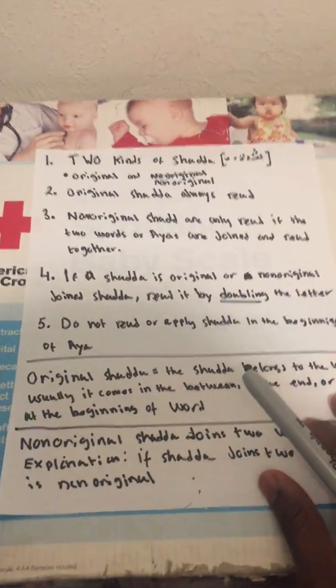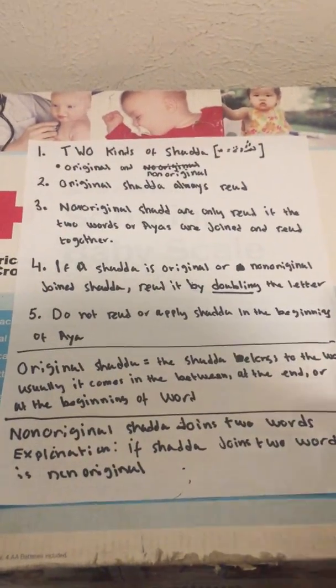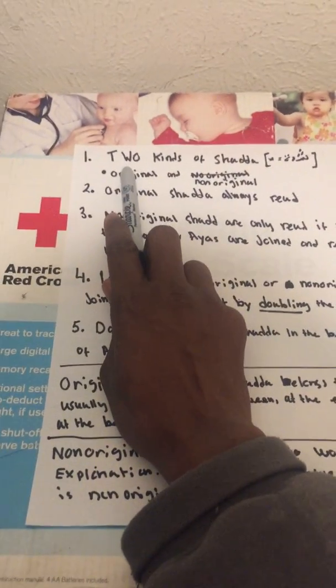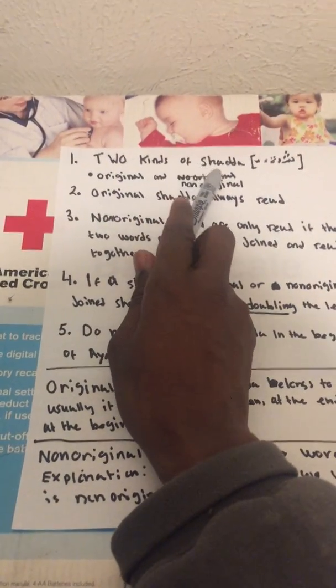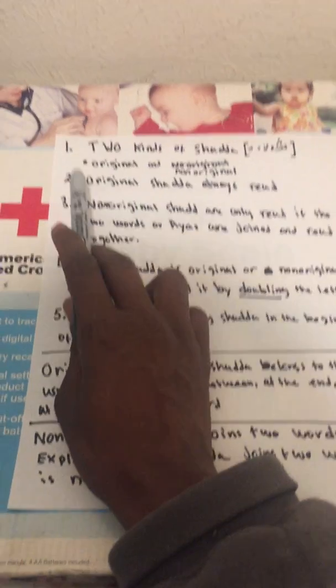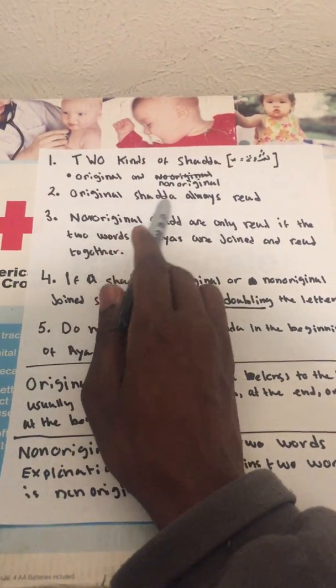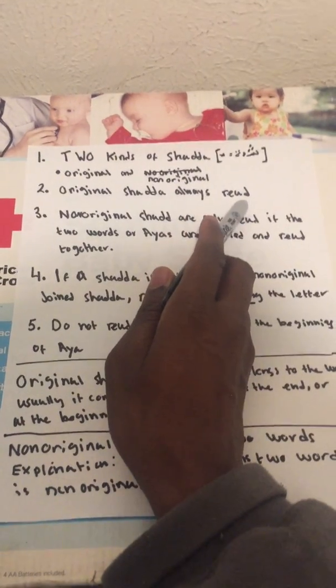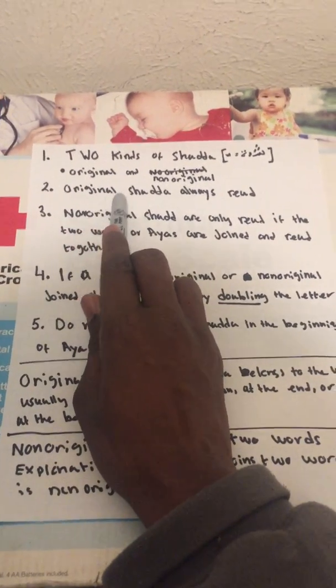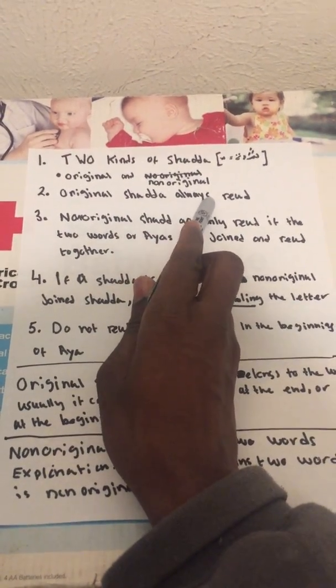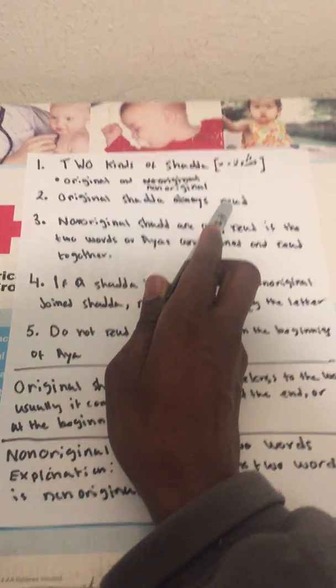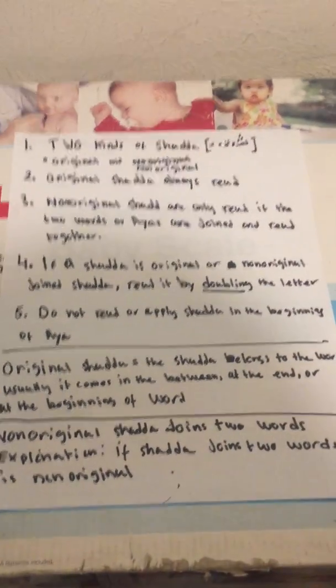So there is more to the shadda than just doubling. We have two kinds of shadda. We have original shadda, always read. If it's original, you always read it.